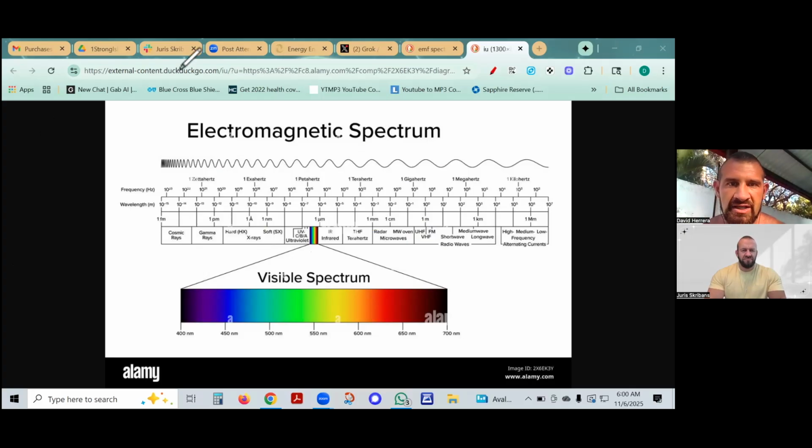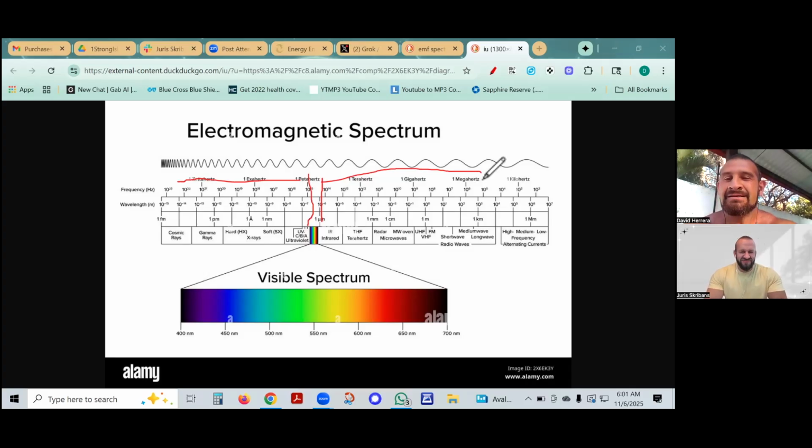If we look at the light spectrum from this point this way, these we cannot see. And from right here and this way, these we cannot see. Just like you pointed out, it's a very, very small portion of it all.